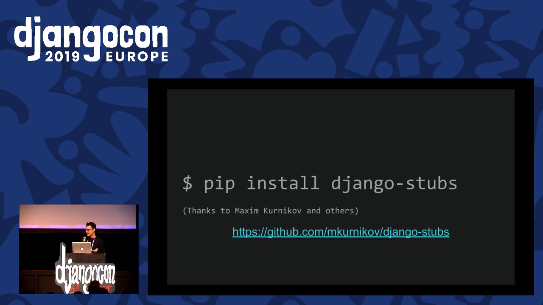But what if you want to type check your Django code? Well, there are stub files which define the interface for all sorts of Django functions, classes, and so on. It's a project on GitHub by Maxim Kornikov, and other people have contributed as well. You can just pip install it to your project.